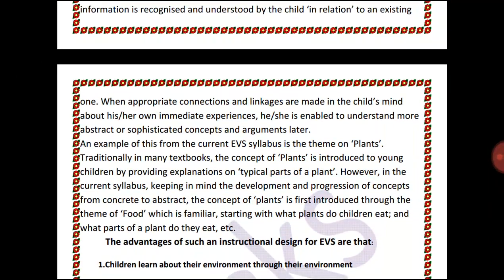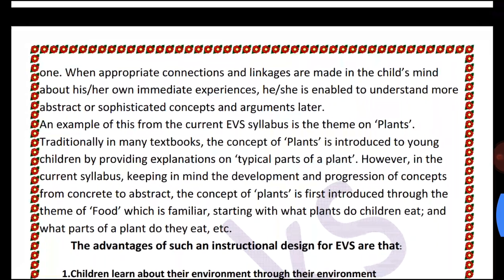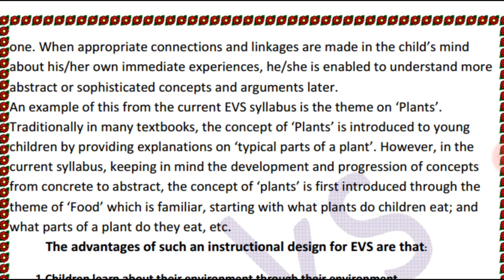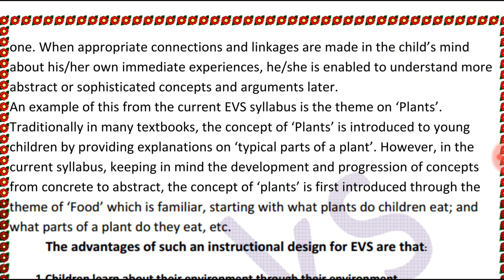When appropriate connection and linkage are made in the child's mind about his or her own immediate experiences, he or she is enabled to understand more abstract or sophisticated concepts and arguments later.